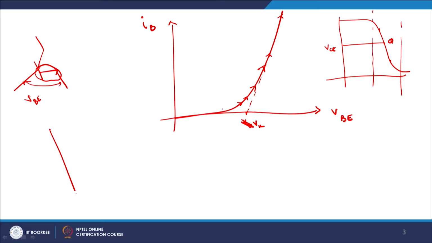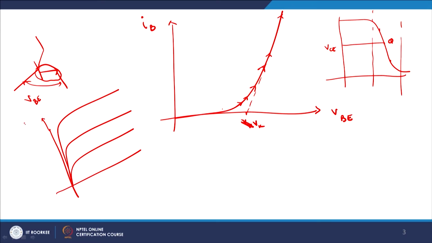Remember when we were plotting the graphs of IC versus VCE with common emitter configuration for various values of IB: IB1, IB2, IB3, with IC1, IC2, IC3. IB is of the order of a few microamperes and IC is of the order of a few milliamperes. So, approximately 1000 times increase is there between base current and collector current.